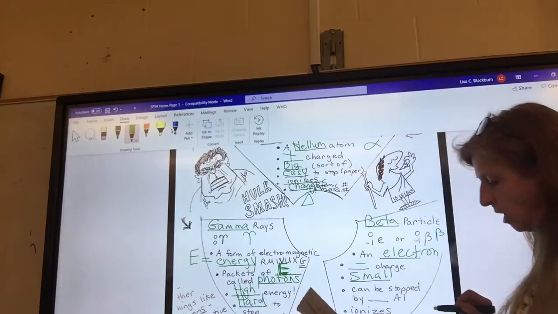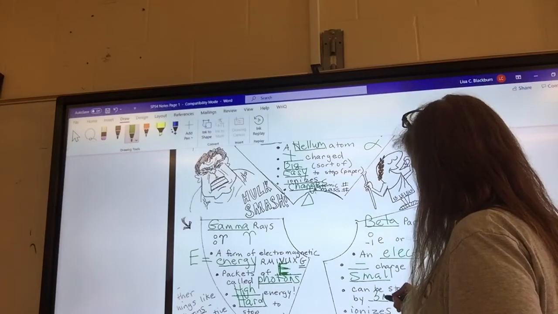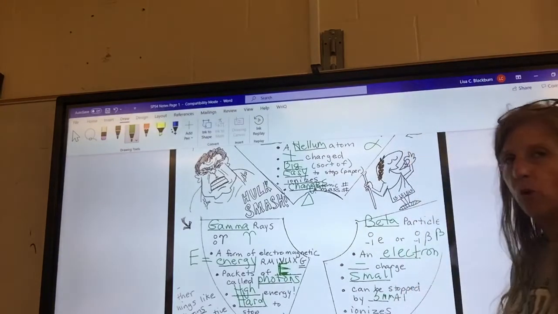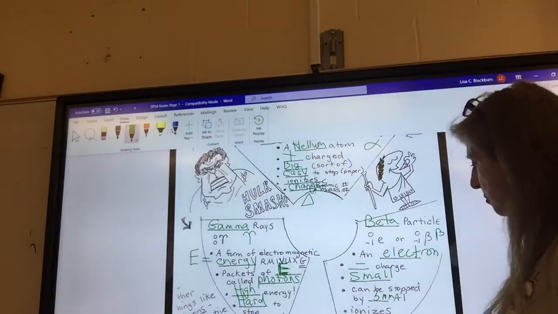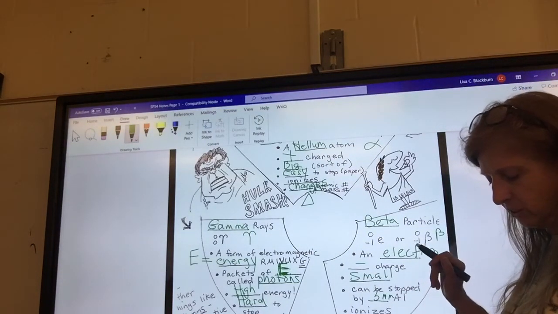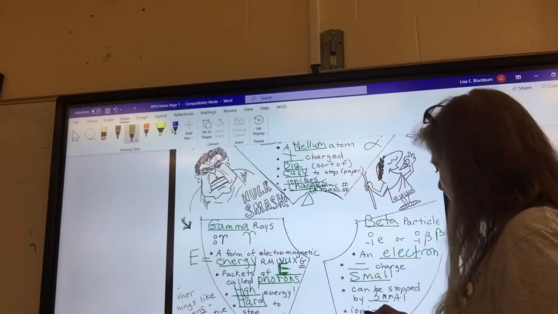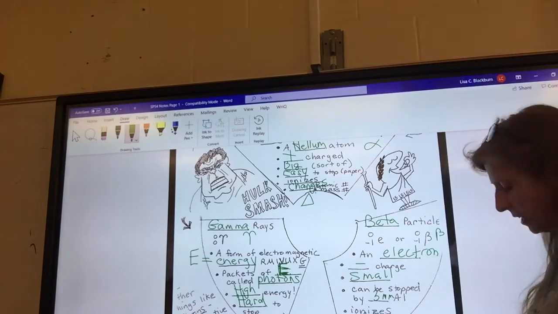It can be stopped by 3 millimeters or a piece of aluminum foil. Aluminum foil would stop it. So that will stop a beta particle. It ionizes, which means it can give you cancer. It changes the atomic number.